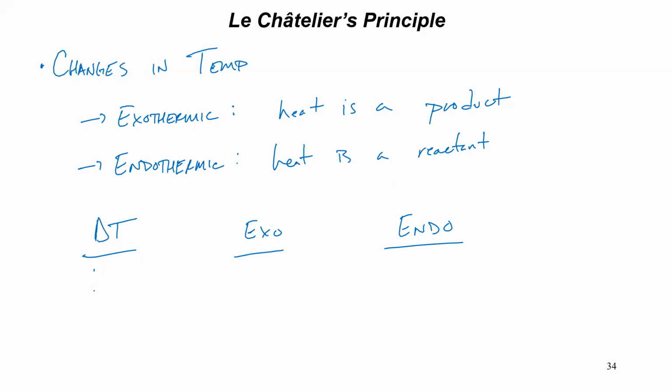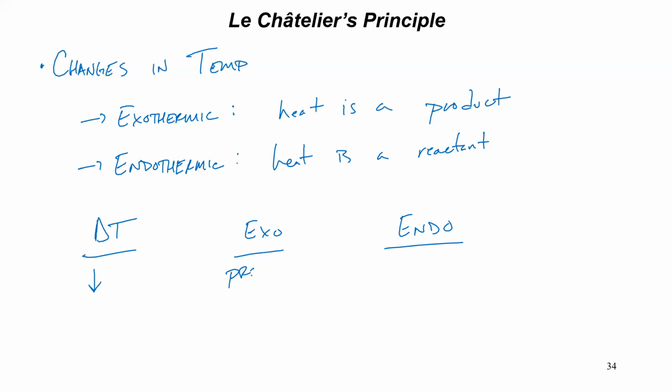So if our temperature goes down, remember we want to try to heat it back up, right? Our external stress is the temperature going down. The system responds by heating it back up, right? And so if it heats it back up, which direction are we going to shift for exothermic? Toward reactants or toward products? Products.